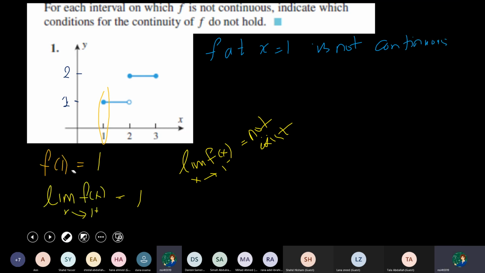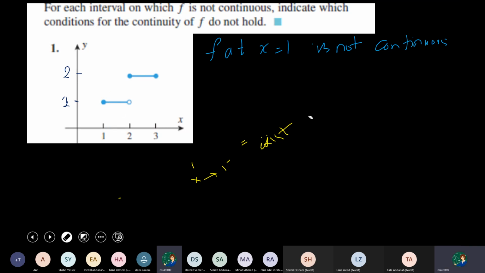Okay. Now let's solve at point 2 now. Yes, Darian. I want you to find it now at point 2. f of 2 is equal to what? f of 2 is equal to 1. Thank you.